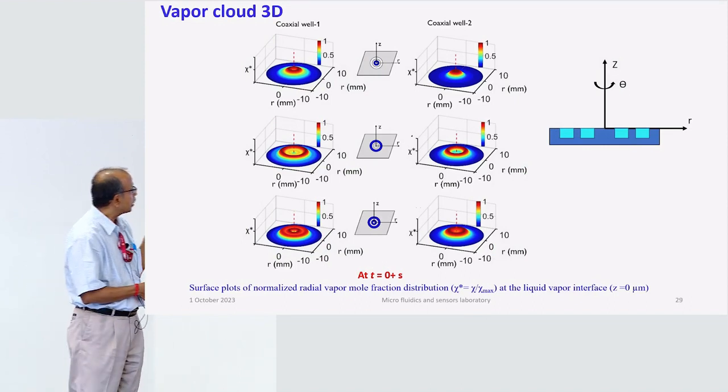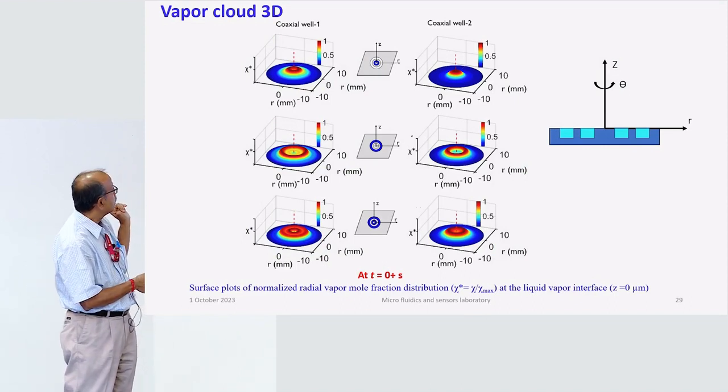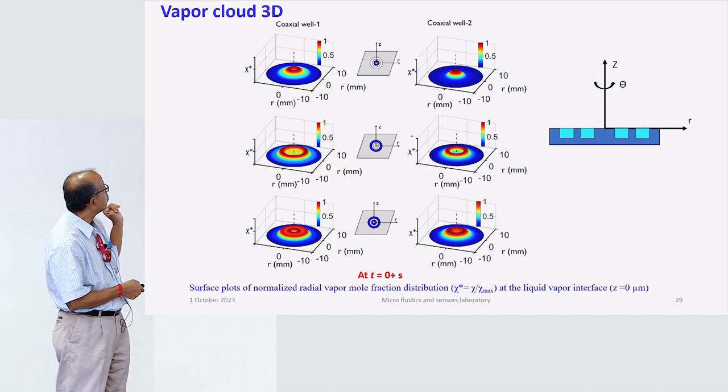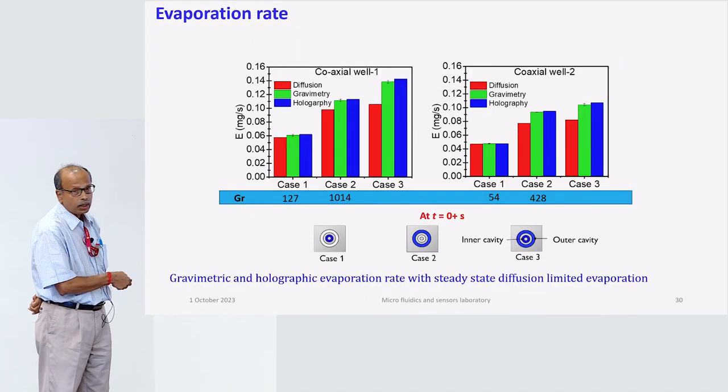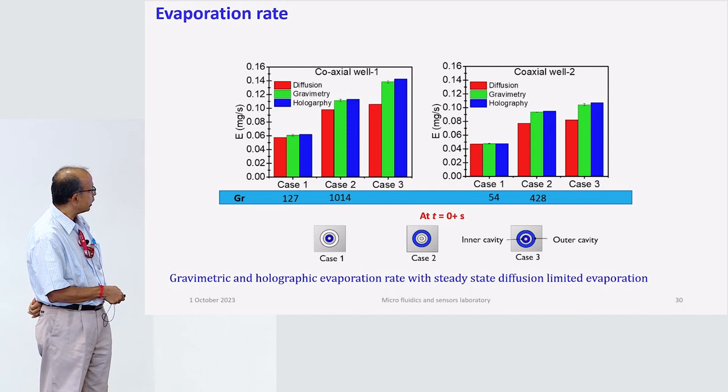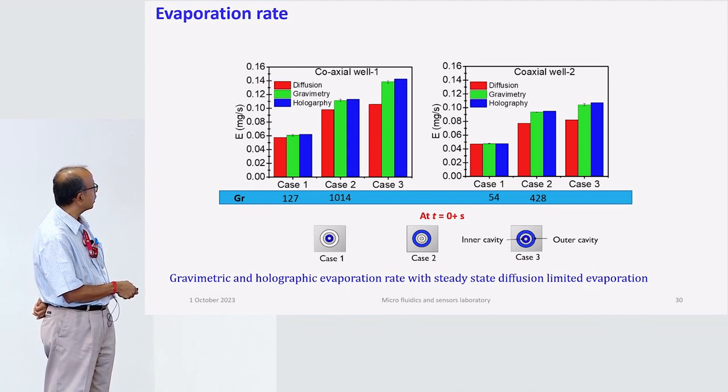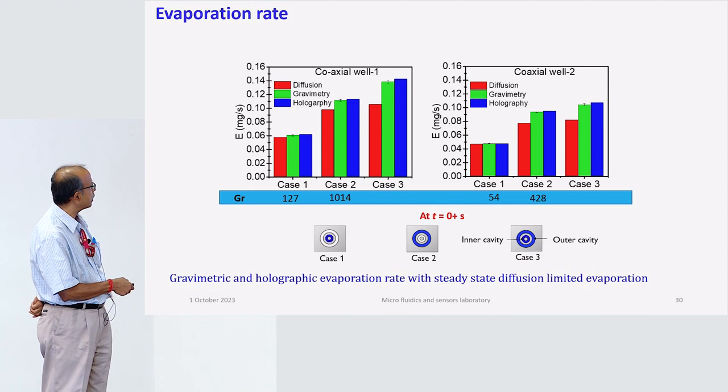But now, just one point that you see here, just look into this one. Case 1 is only one fluid here. Case 2 is fluid on the outside. Case 3 is when both of them are here. For case 1, you look into the evaporation rate.